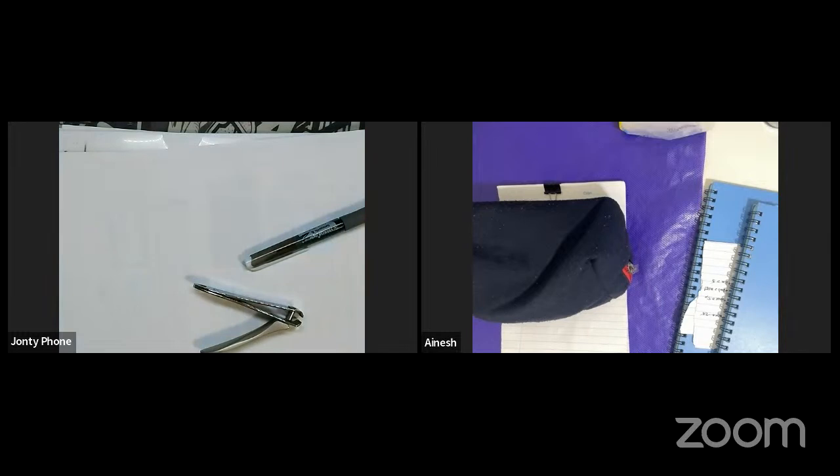So let me draw something that you might not have seen before. Give me a random number, Ainesh, 1 digit. 7. Another random number, John D. 2.